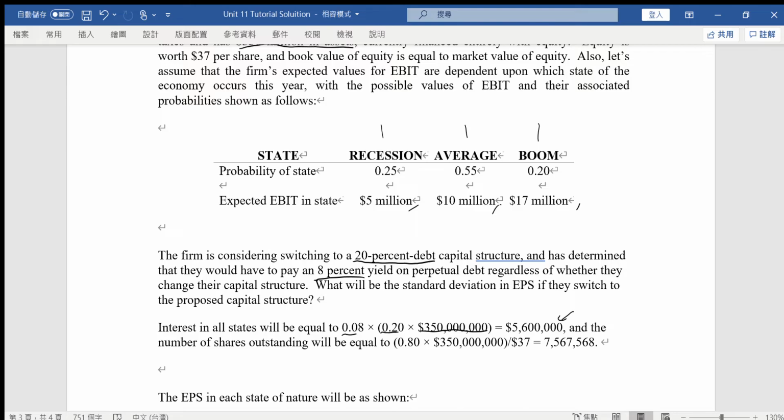And the number of shares will also be reduced, because originally it was fully financed by equities, but now it's changed, and because of that, the number of shares will be changed, and there will be 7,567,568 shares outstanding.